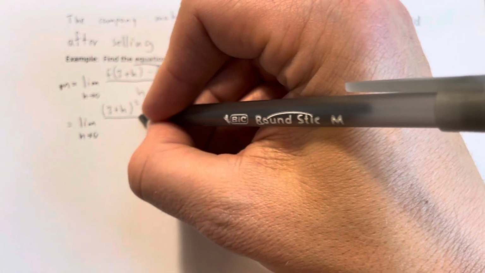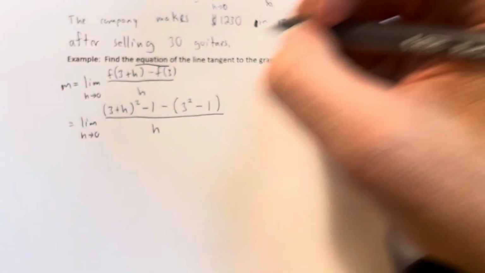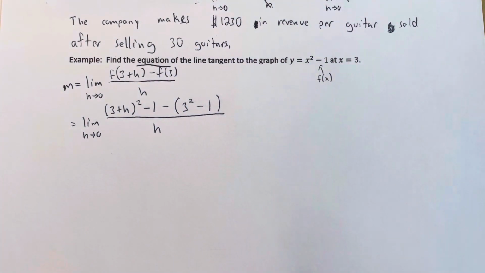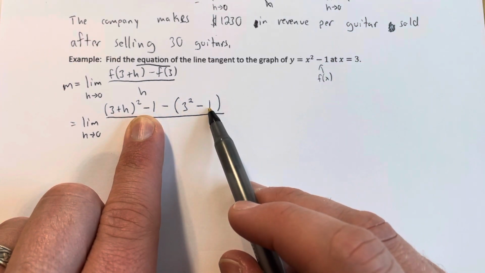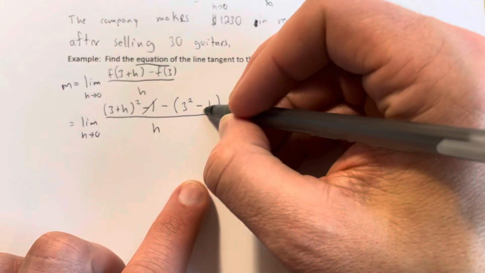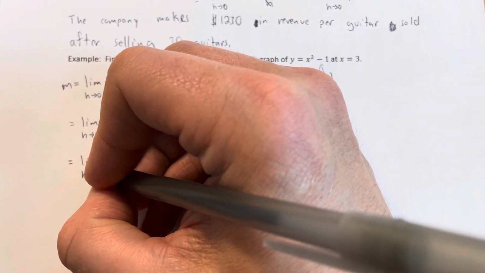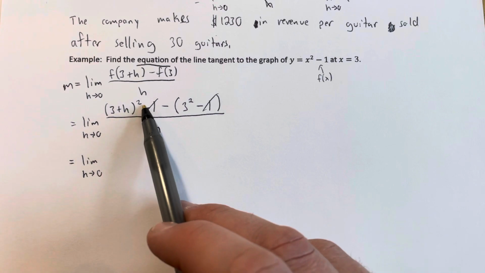Okay? All over h. Use some of the tricks that we've noticed so far. I have a -1 here, and then I'm going to minus another -1 here. Those are going to cancel. All right, now the limit that I have, limit as h goes to 0, we have to square this.